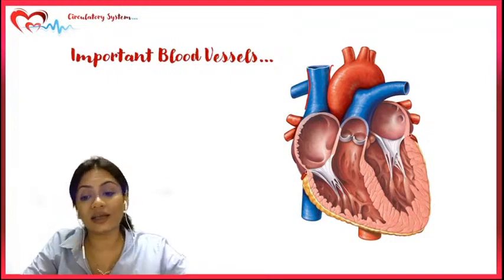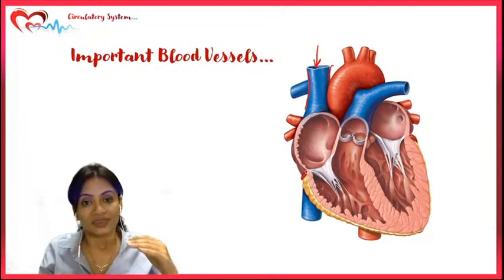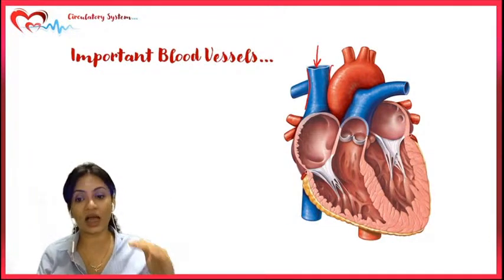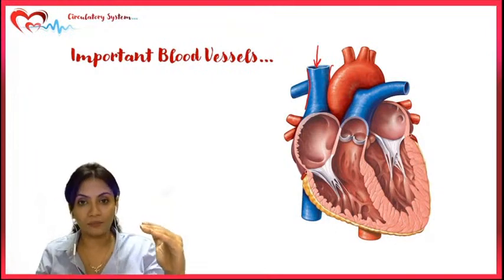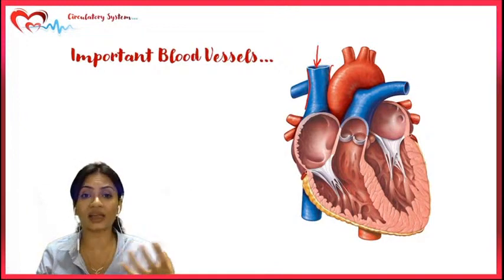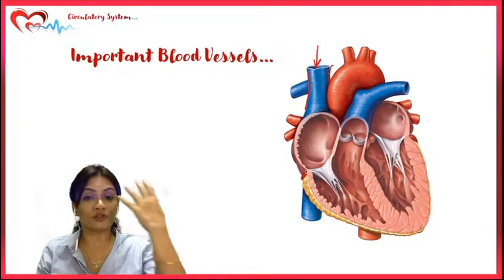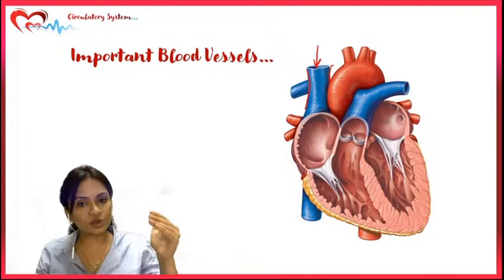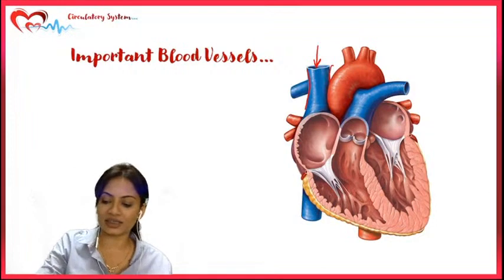It is carrying deoxygenated blood from the structures which are located above the heart. Any structures above the heart, in your neck, in your head region, all of the deoxygenated blood from those regions is carried towards the heart. And who is carrying it? It is this blood vessel.